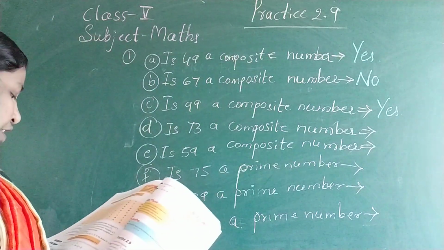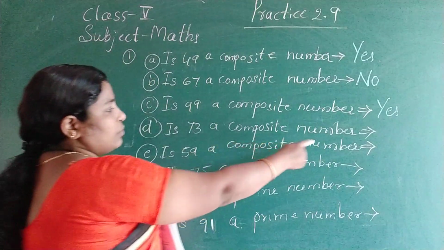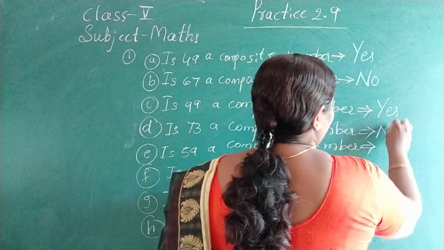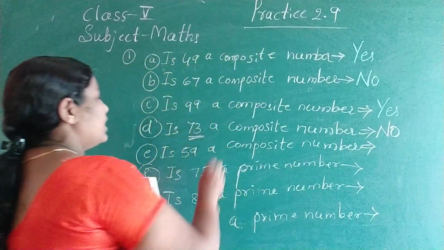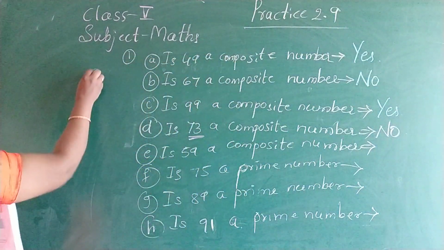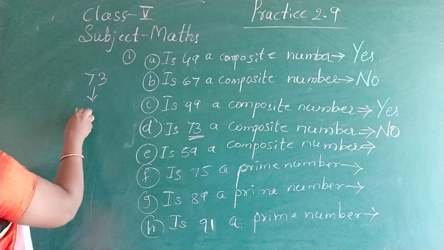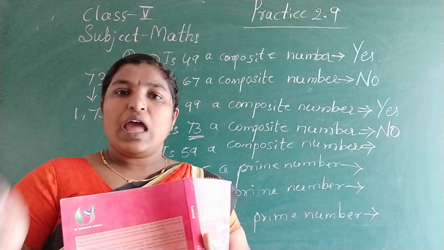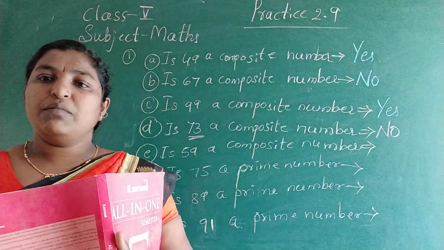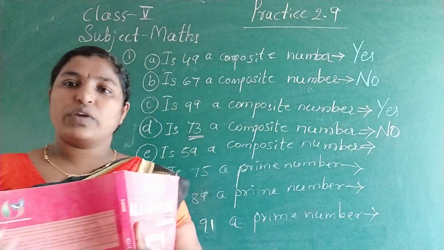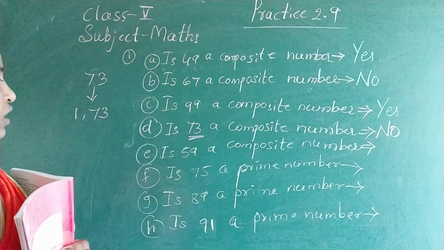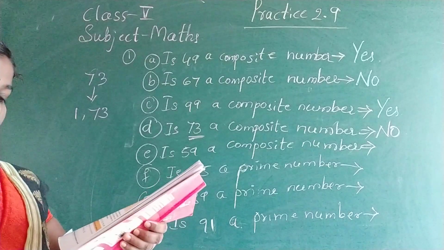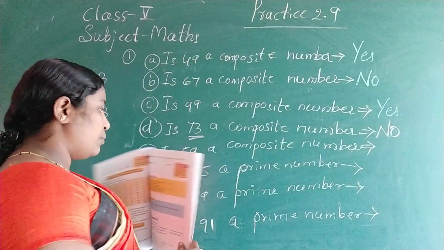Next, D. Is 73 a composite number? No, because 73 is a prime number. 73 has only 2 factors, that is 1 and 73, and 73 is a prime number between 1 and 100. You can check the list also. Is 59 a composite number?